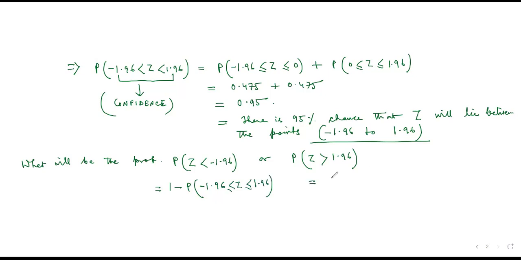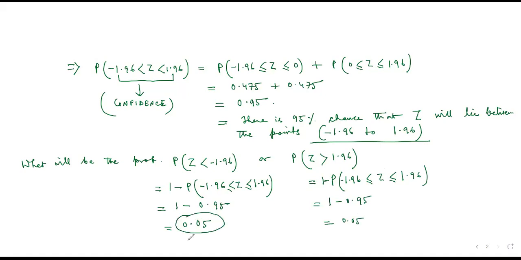Why? Because the curve is a normal curve. In both the cases, you are going to subtract the respective probability from the total probability, and which is 0.05. Here also it is 0.05. And therefore 0.05 is what we call the level of significance.